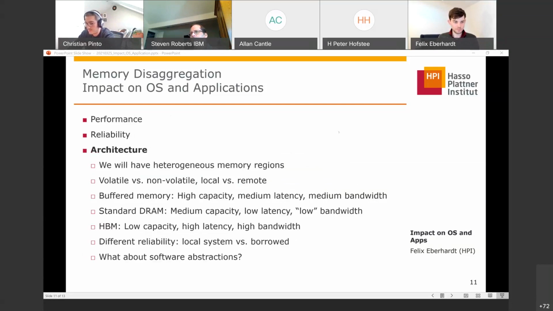You could have, for example, buffered memory in your system offering high capacity, medium latency, medium bandwidth. Standard DRAMs with medium capacity, low latency, and lower bandwidth than in the buffered memory world. Or perhaps you could even think of systems with DRAM and high bandwidth memory, right? With low capacity, high latency, and high bandwidth.